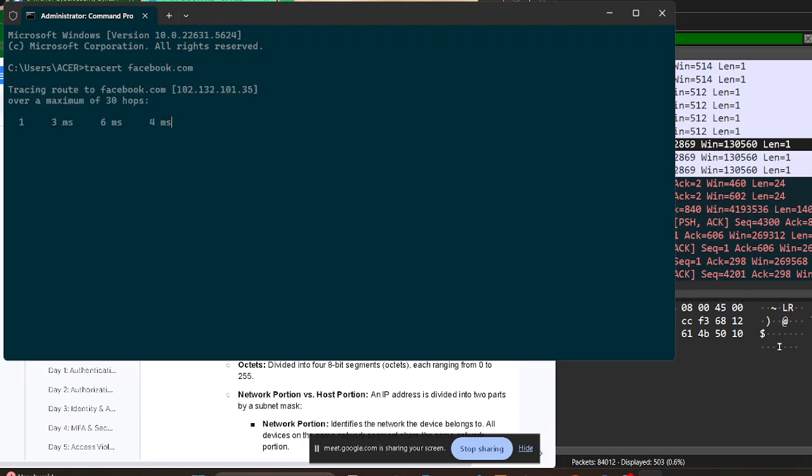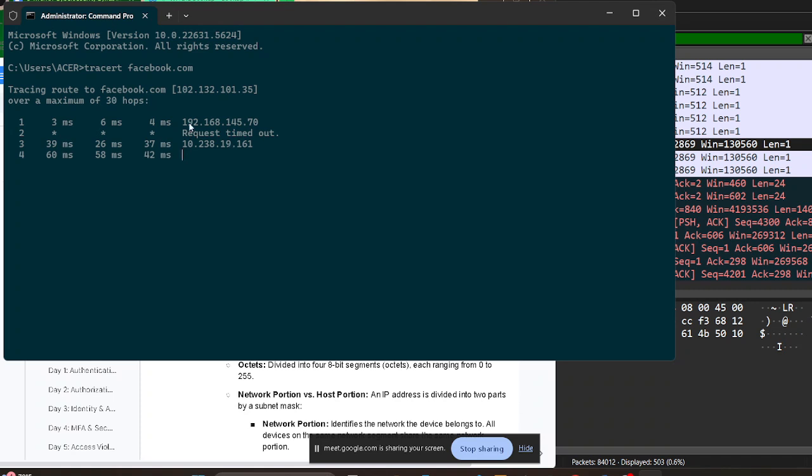Like if I do a trace to facebook.com, it will go through some number of computers within the network, from me to my ISP, from my ISP to another major, bigger ISP, and then to the Facebook server, maybe to the Facebook data center and all that.